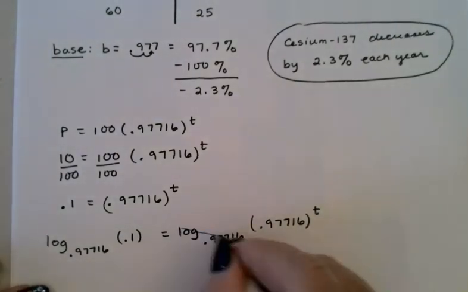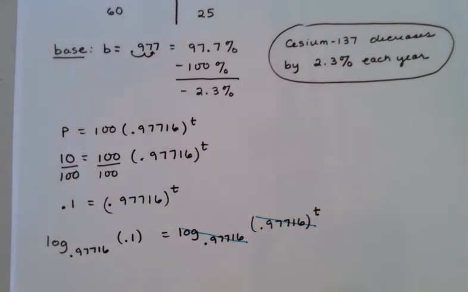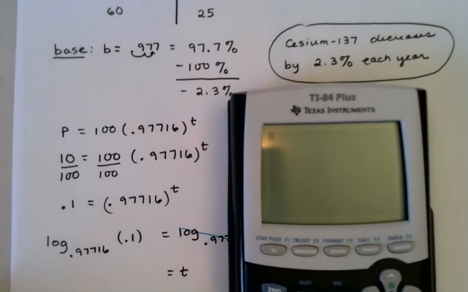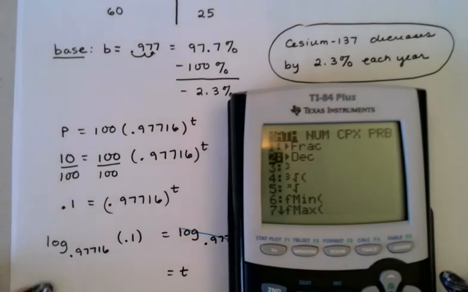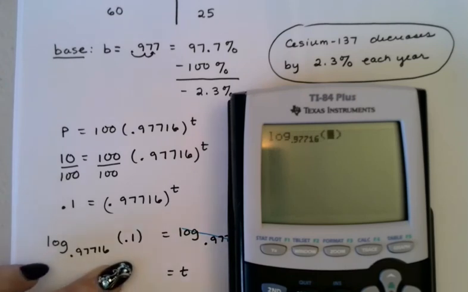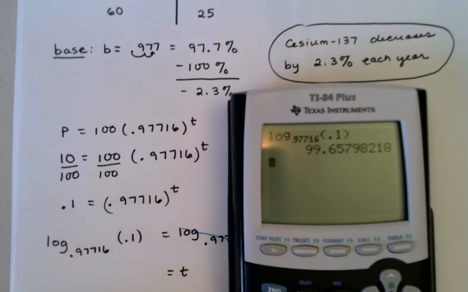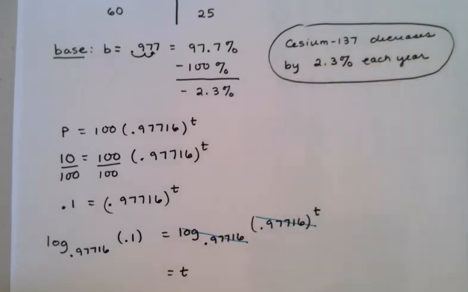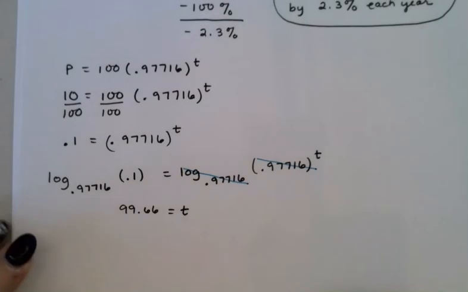We chose it, of course, because it is the inverse of the exponential. So that's going to give me t. And if I go ahead to my calculator and do my log base 0.97716 of 0.1, I get 99.66. So just under 100 years is what it's going to take to get down to 10%.